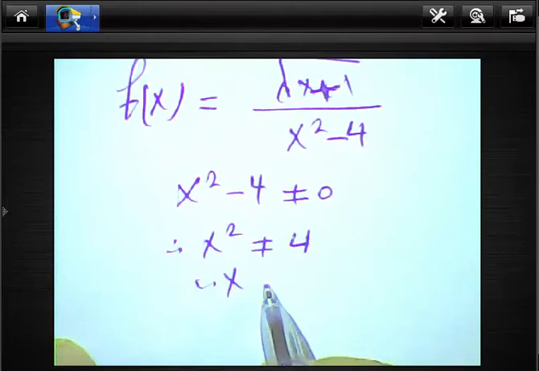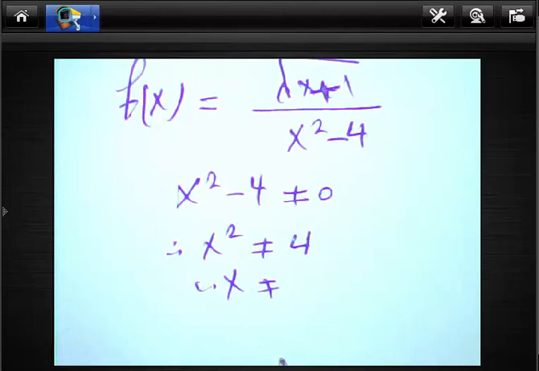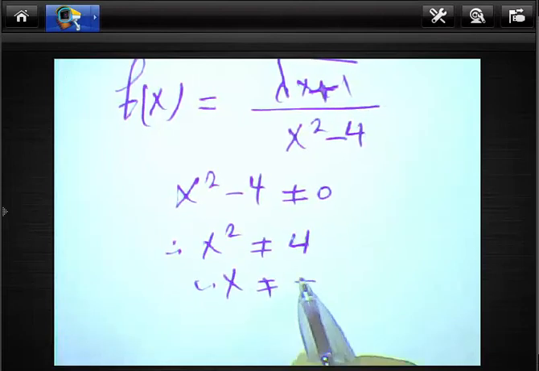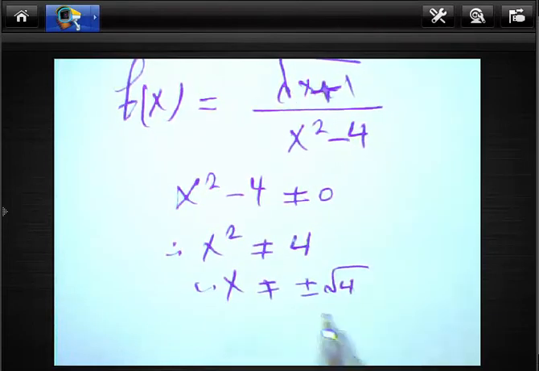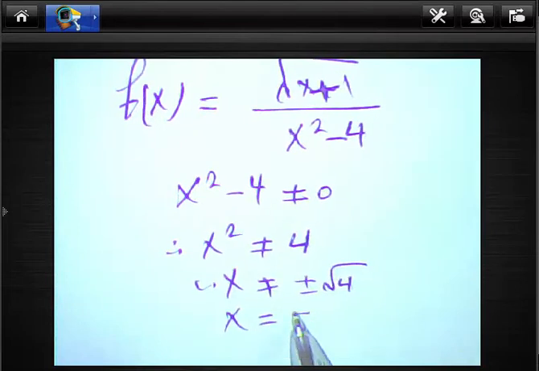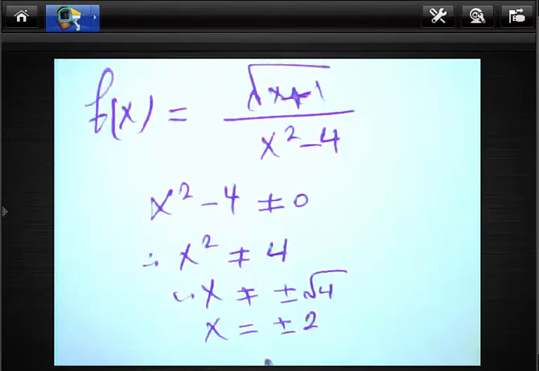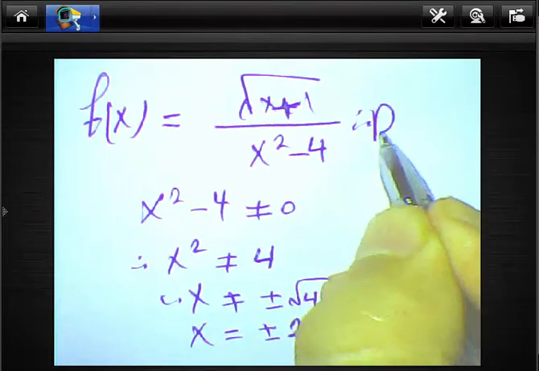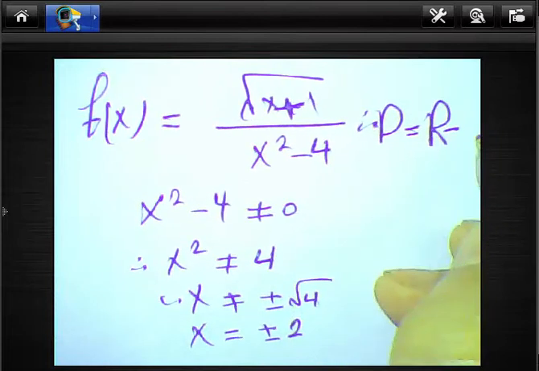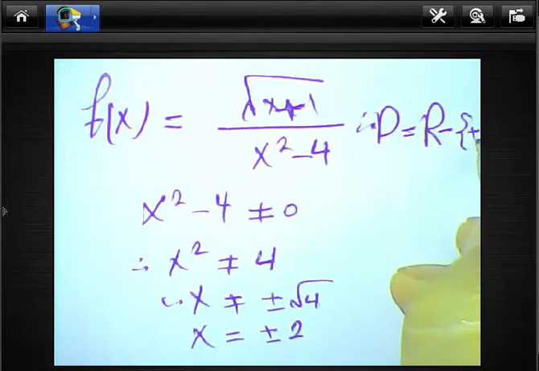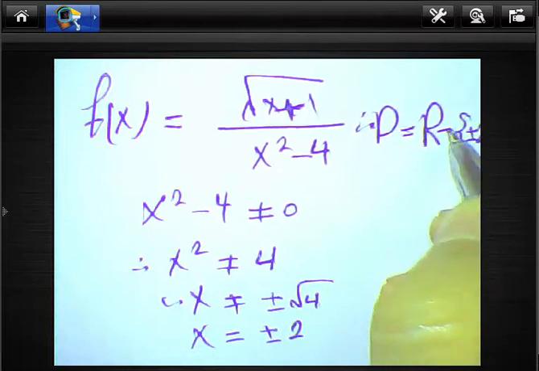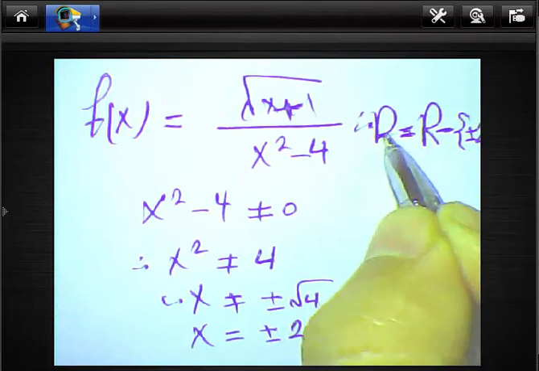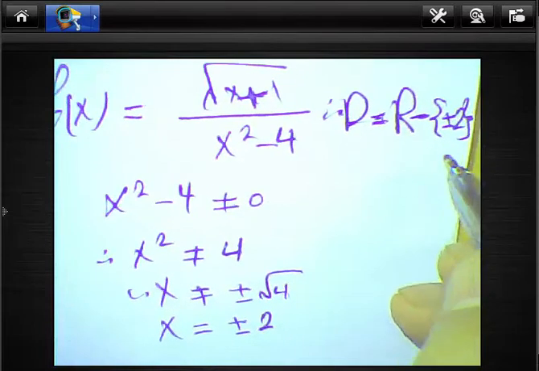Then x must not equal positive or negative square root of 4. So x will not equal positive or negative 2. Then you can write this domain, D1, as R subtract 2 and -2.